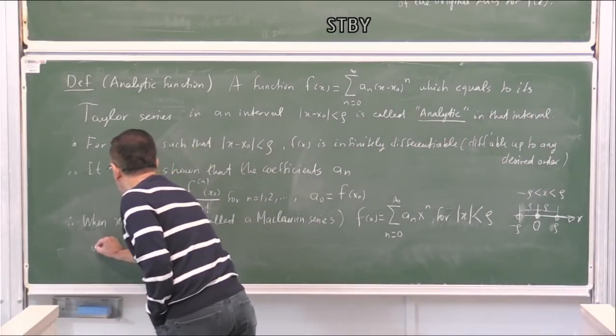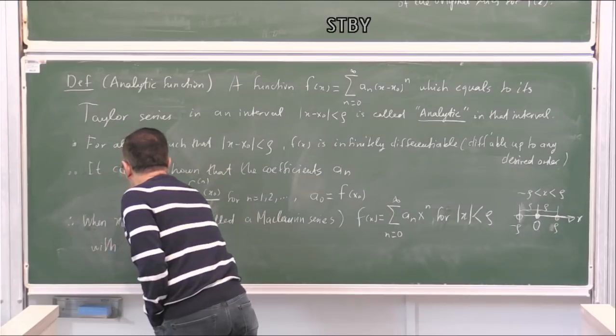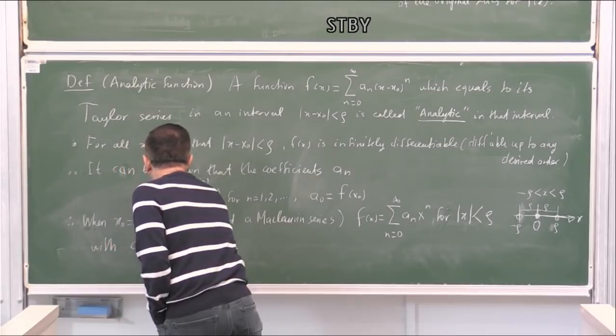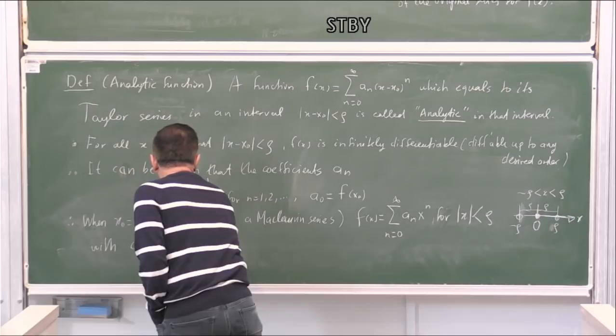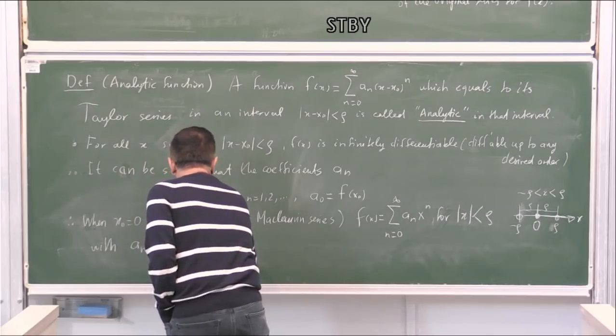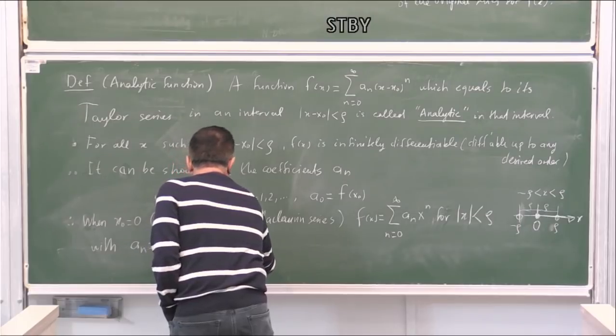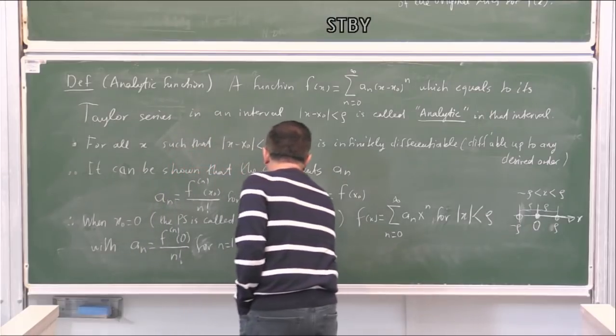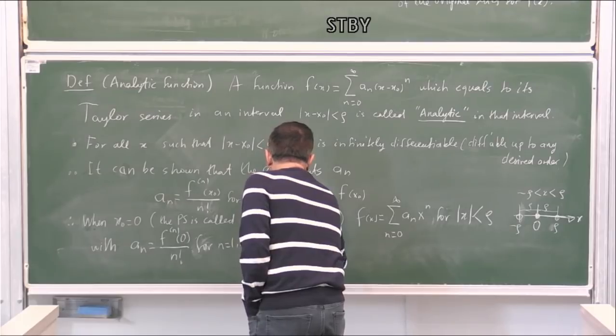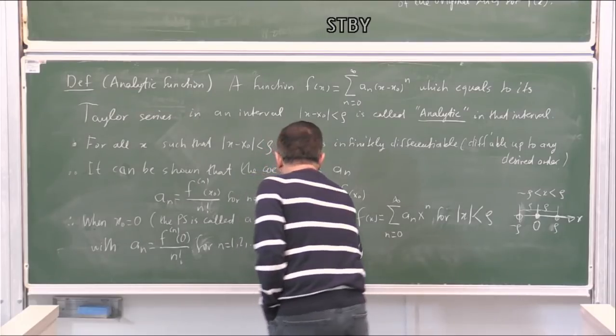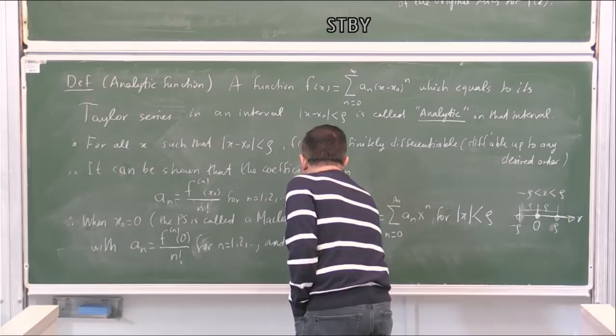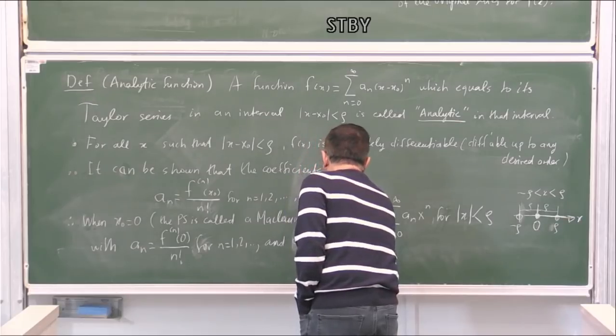With an being the nth derivative at 0 over n factorial, for n equal 1, 2, and so on. And a0 is f of 0.